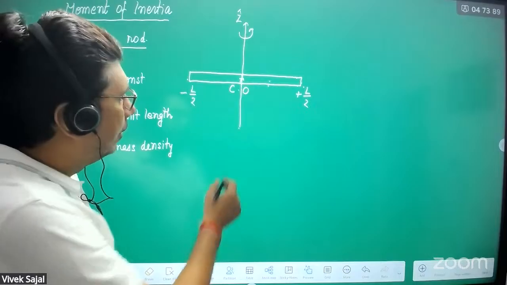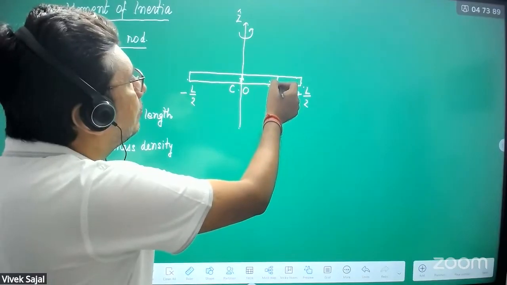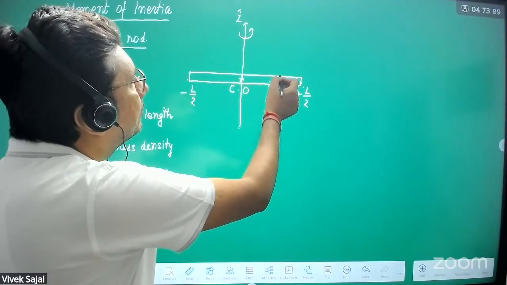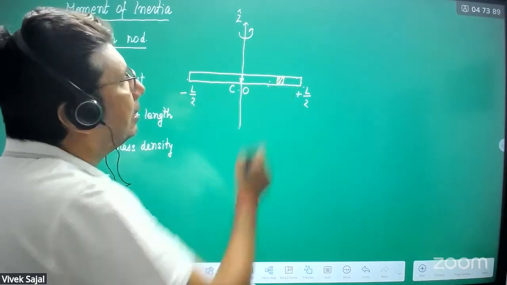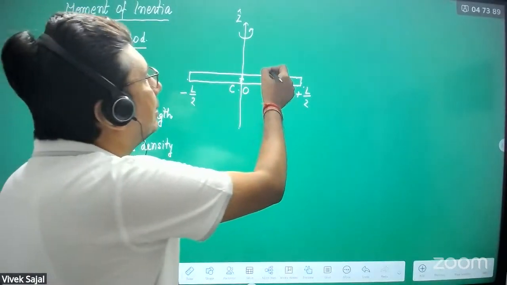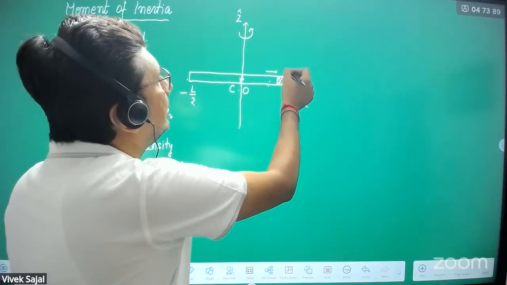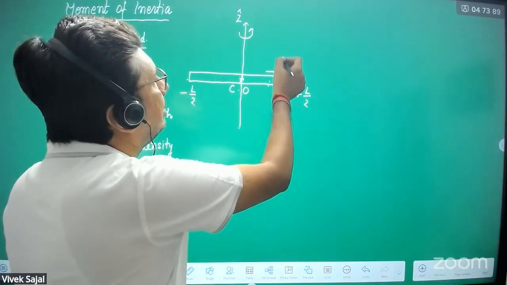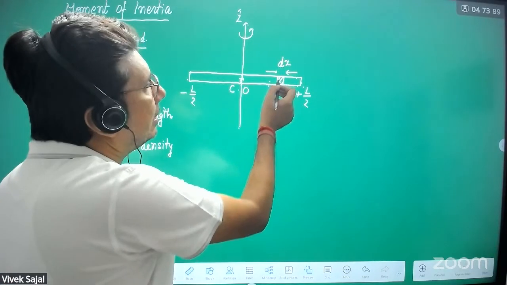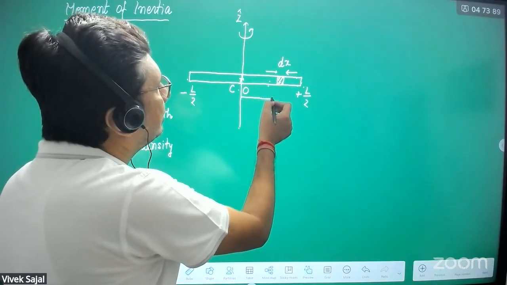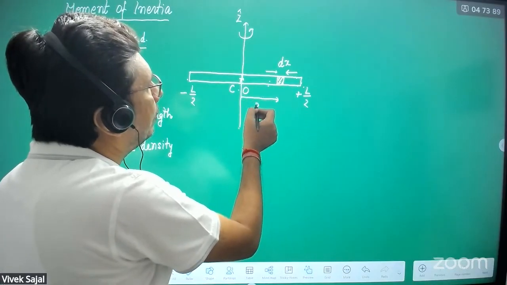For this purpose, consider a length element here. Its length is dx, and this length element is at a distance x from the axis.